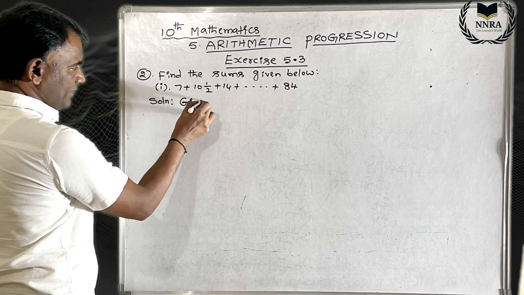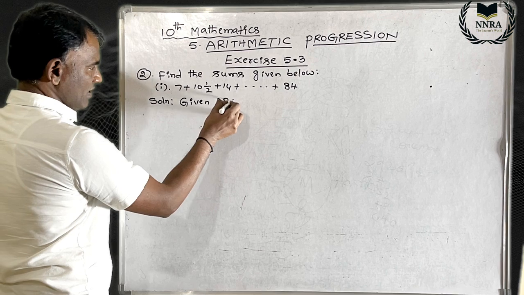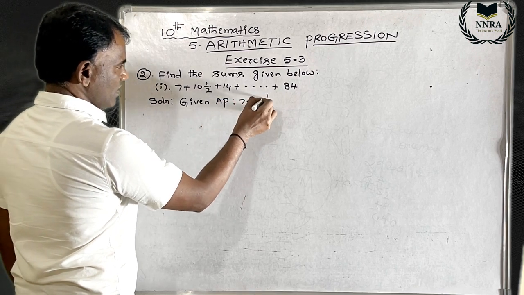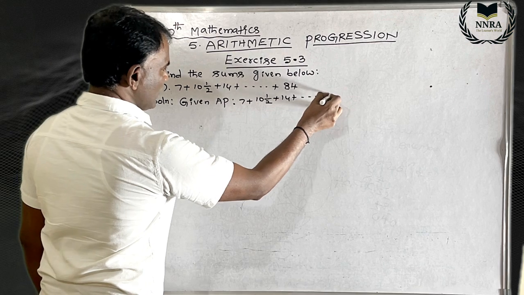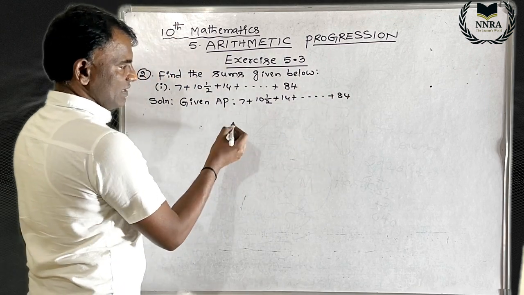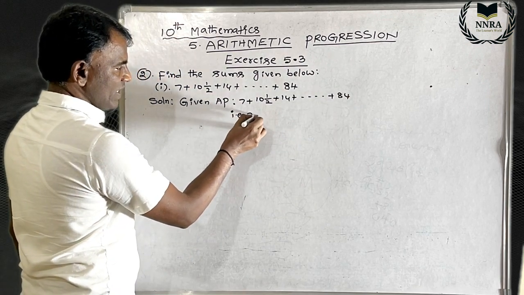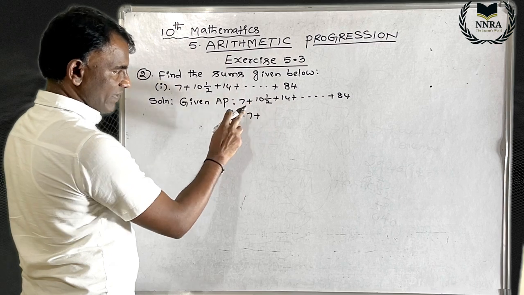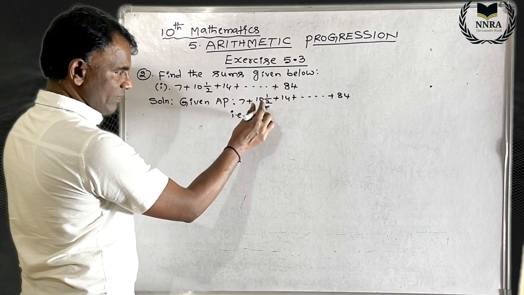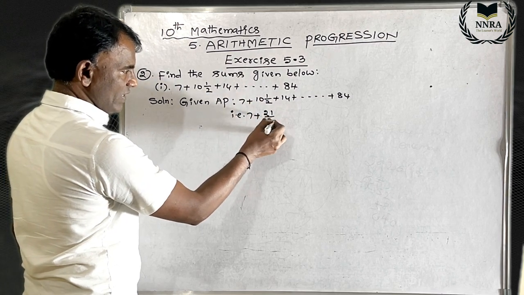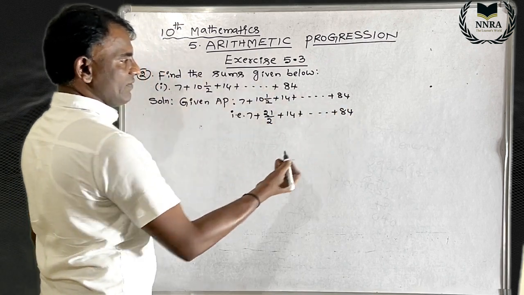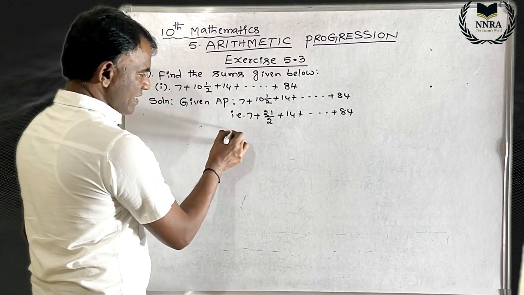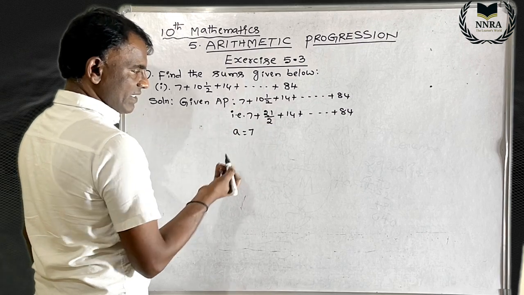Given AP is 7, 10 and a half, 14 plus and so on plus 84. Now convert it to a normal fraction: 2 into 10, 20 plus 1, 21 divided by 2. So in this, a equal to first term, that is 7.